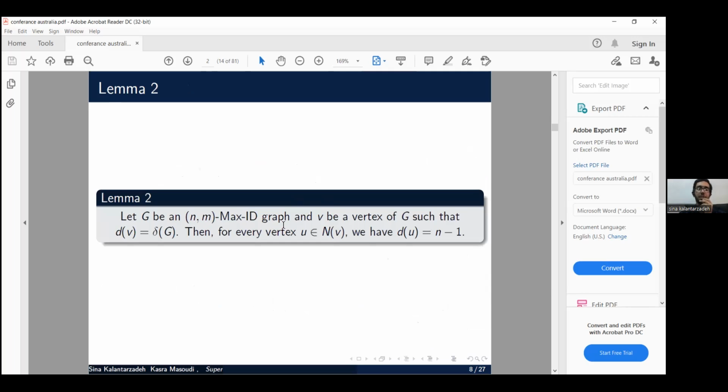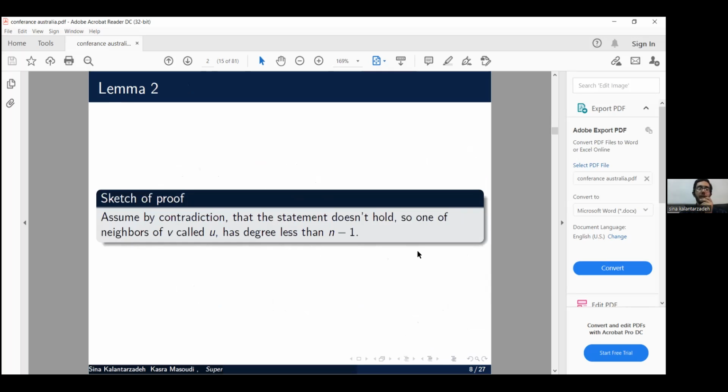So consider a graph G, which is a max ID graph, and consider a vertex V such that its degree is equal to delta of G. We state that any neighbor of V has degree n minus 1. Again, we prove it by contradiction, and assume that this doesn't hold.